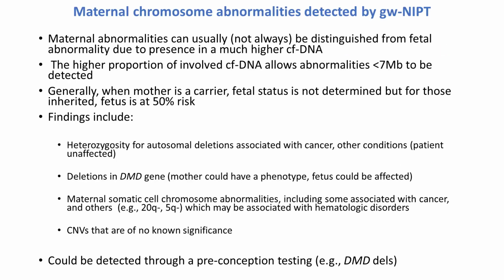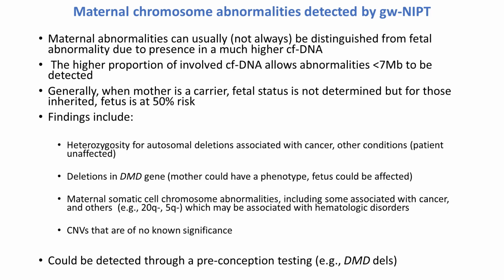The test also picks up a lot of maternal chromosome abnormalities. That was the biggest single red bar that I showed you earlier on. And you pick up quite a few of these because what happens is that the majority of the DNA in the cell-free DNA is actually maternal. That means you can actually pick up things that are smaller than that 7 megabases of DNA.